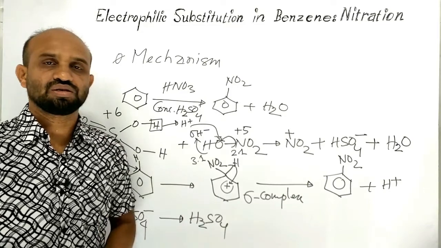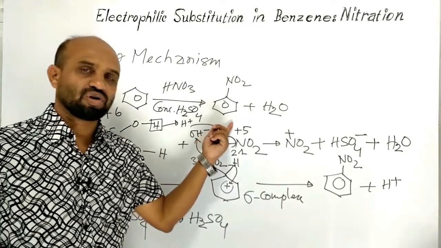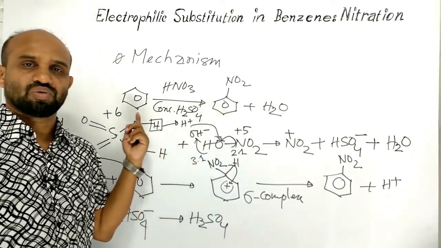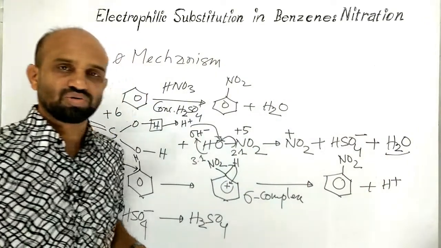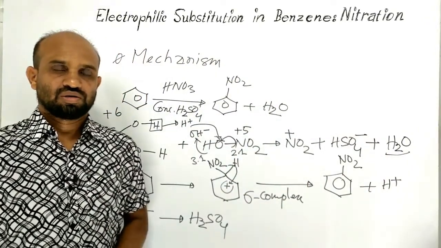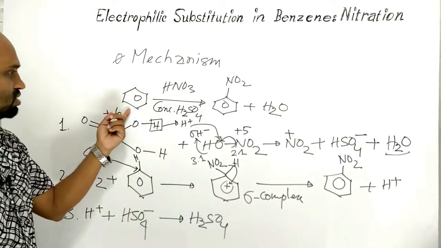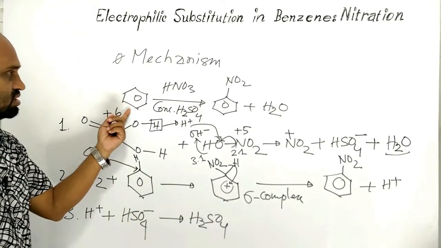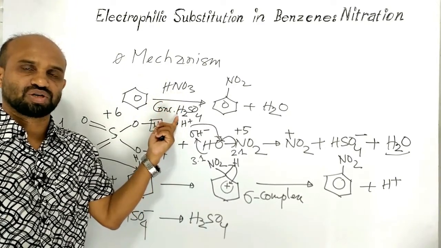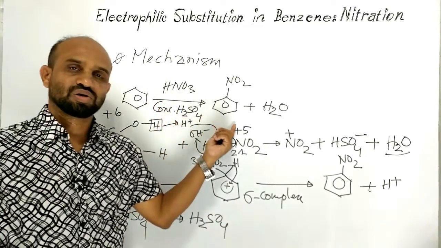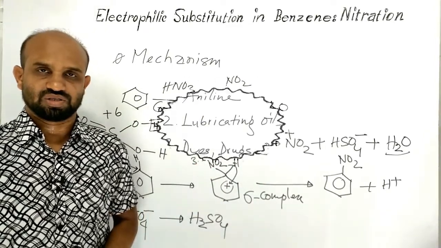This sulfuric acid can be used again to form nitrobenzene from benzene, and here water is produced as byproduct. This is the mechanism of nitration, in which benzene reacts with nitric acid in presence of concentrated sulfuric acid to form nitrobenzene. Now let's see importance of nitrobenzene.